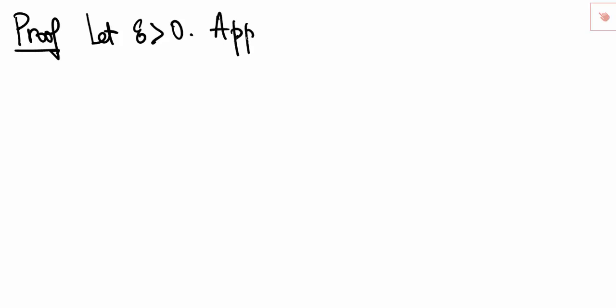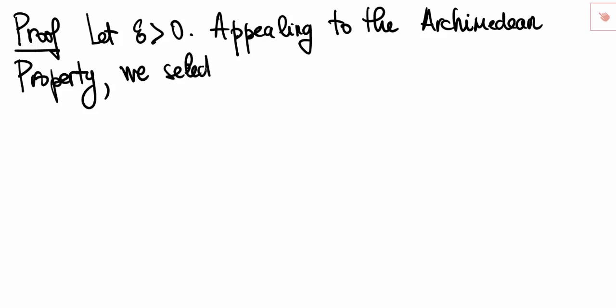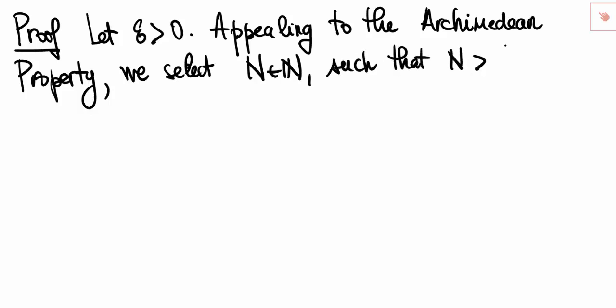Appealing to the Archimedean property, we select a natural number N such that N is greater than 5 over epsilon.